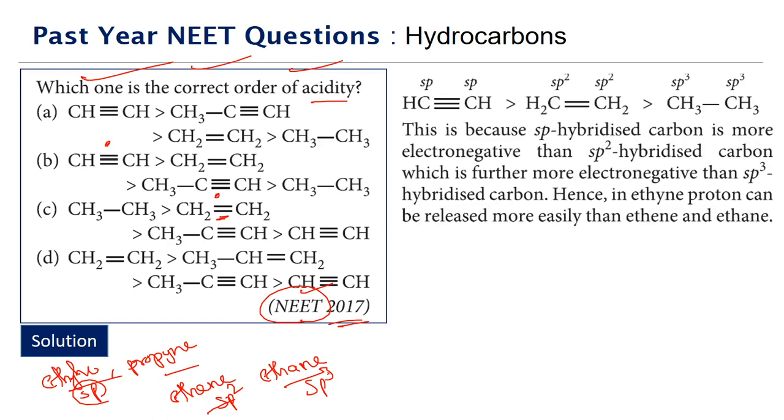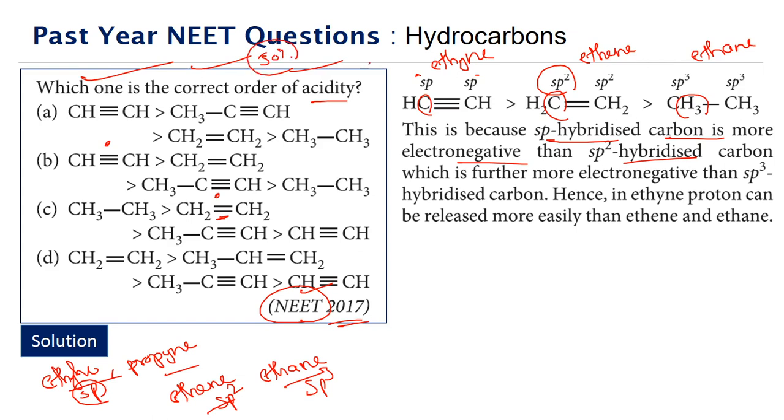So if you look at the comparison between ethyne, ethene and ethane, the carbons will be sp carbons, sp2 carbons in ethene, and sp3 carbons in ethane. The sp hybridized carbon will be more electronegative than sp2 than sp3. This is because an sp orbital has 50% s character.